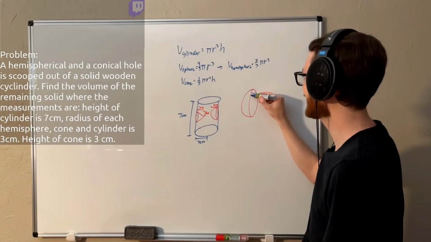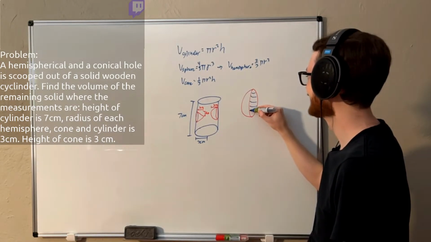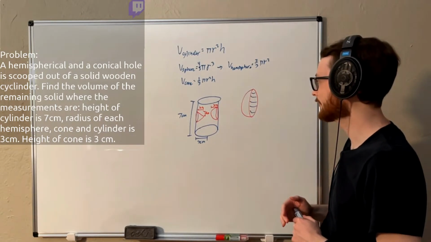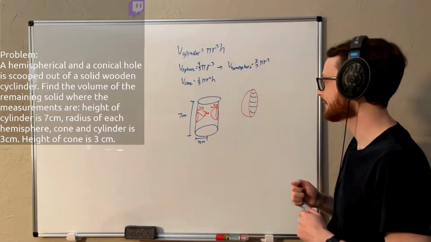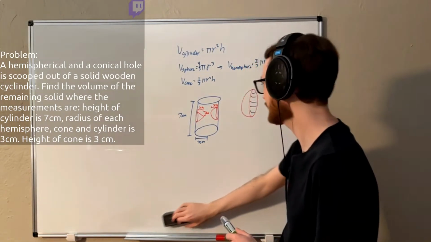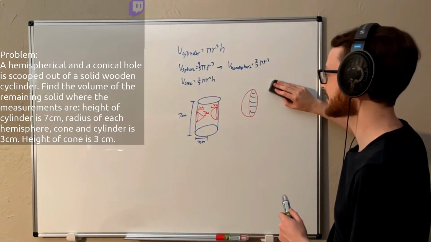The cone goes like that. Like it's curved. It's almost like a football, but I assume they don't want us to care about that. Because I don't know how you deal with that, to be honest, and I don't think they're trying to ask that hard of a question.